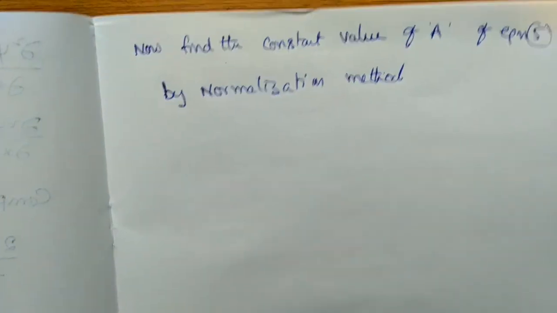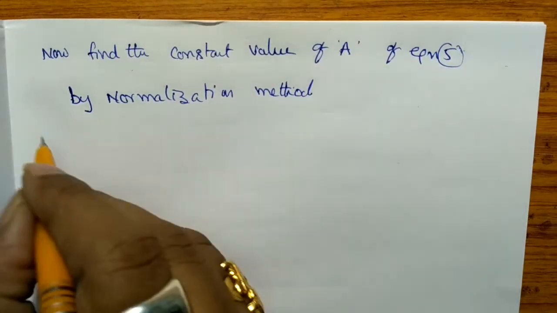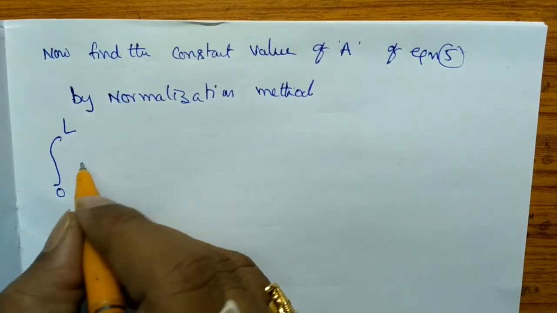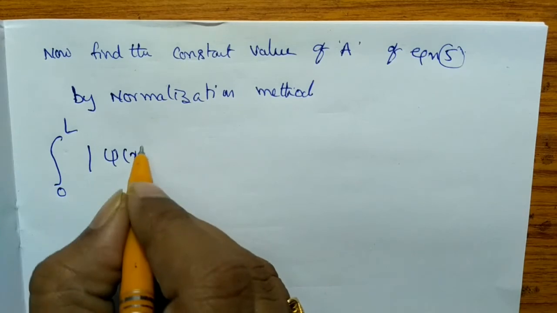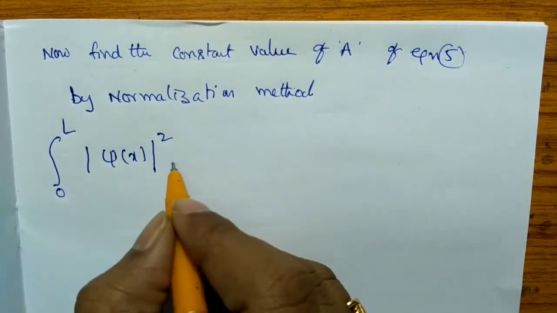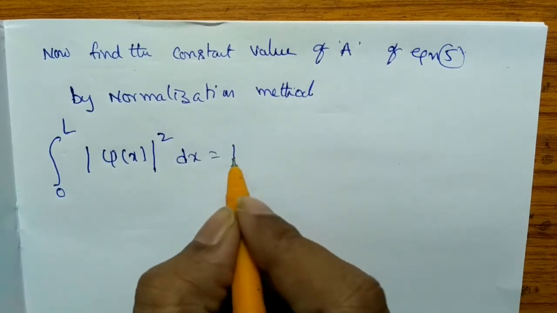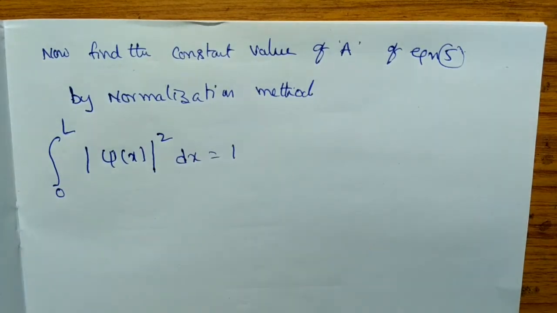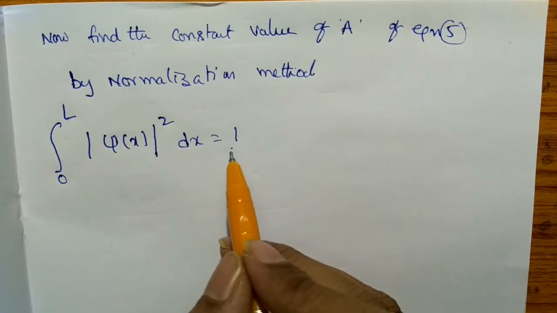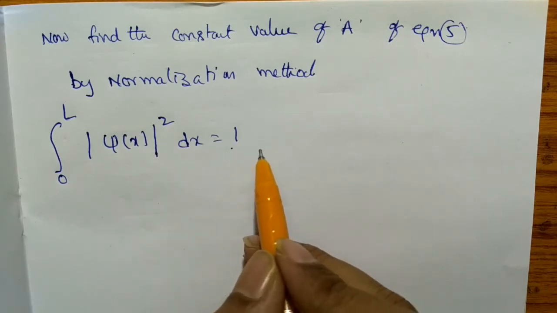The normalization method is the integral from 0 to L, these are the two boundaries of a potential box, of modulus of psi of x square dx is equal to 1. 1 means the probability of finding an electron. It is a particle which is not visible, but we are assuming that there is a particle. That's why by probability we took the final value as 1.